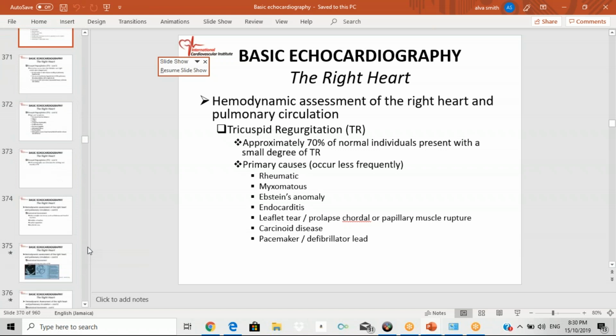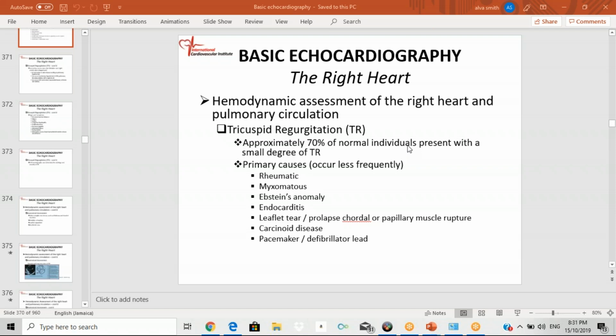Okay. All right. So the big thing though is tricuspid regurgitation. You have to know this inside out because it's very common. About 70% of normal individuals will present with some degree of tricuspid regurgitation.